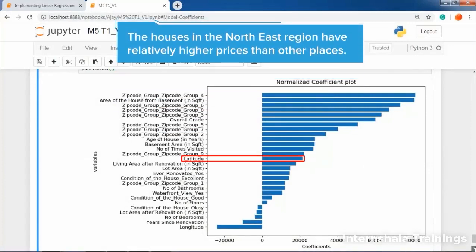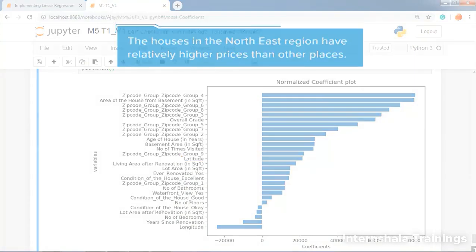This data is about the houses of North America, and if we interpret the geographical results that we have obtained from the linear regression, the houses in the northeast region have relatively higher prices than other places. This is some information which we were not able to extract early on. New information like this is where the essence of data-driven decisions lies. I believe that you will be able to draw out the inferences further.